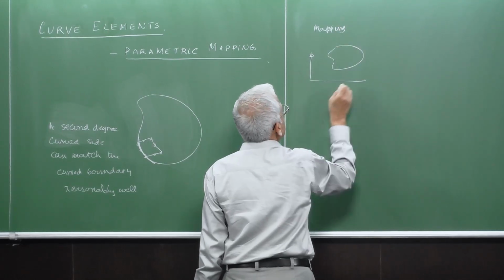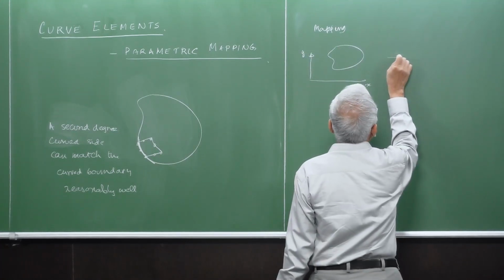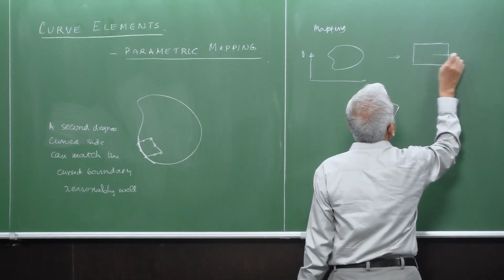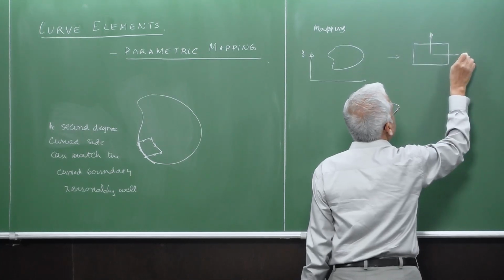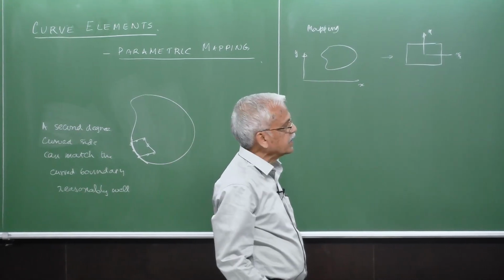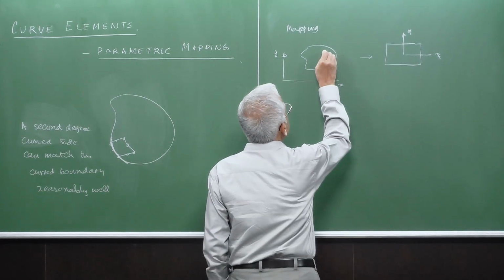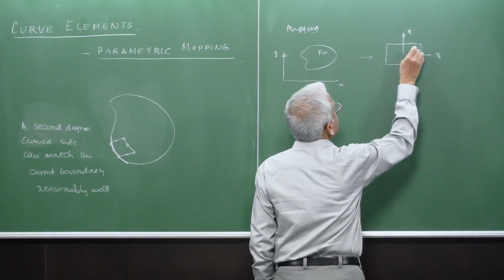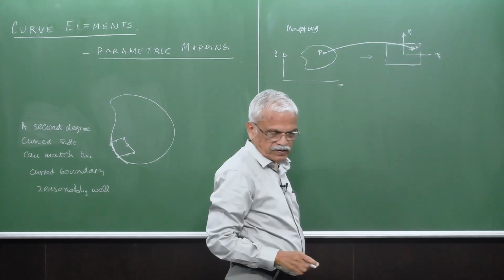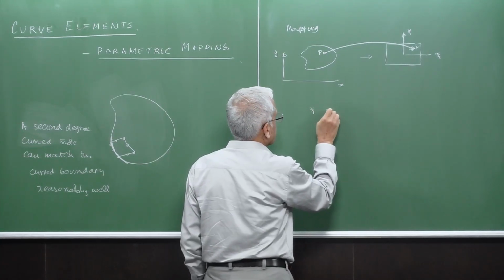If you have a real domain like this one, xy, we usually like to map it into a simpler domain, say xi eta, let's call xi eta a rectangular domain. So a point P here will be represented here by P prime by a certain function.